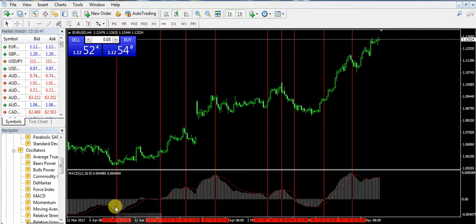Here we had our initial warning that there might be a change coming up. Here we had our second warning that there might be a change coming up.